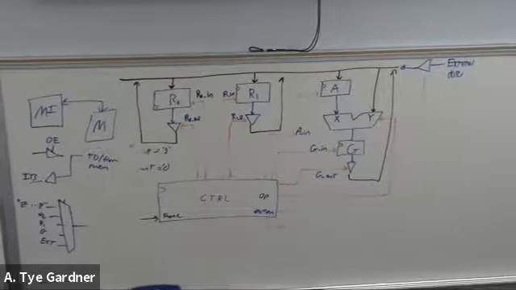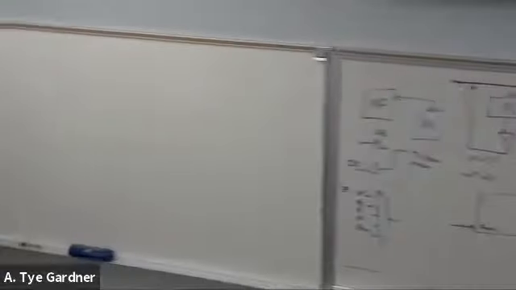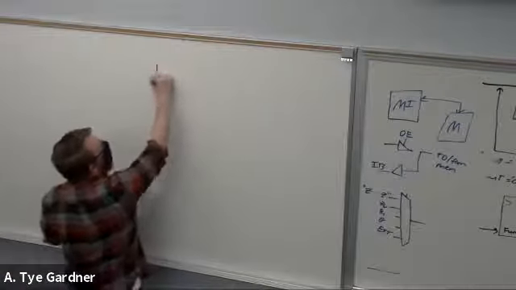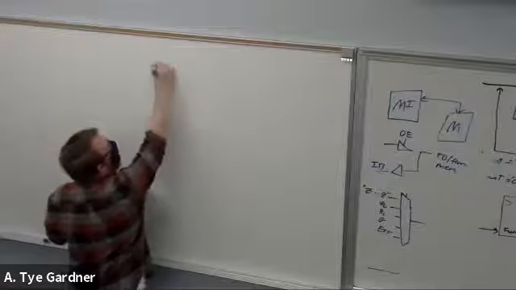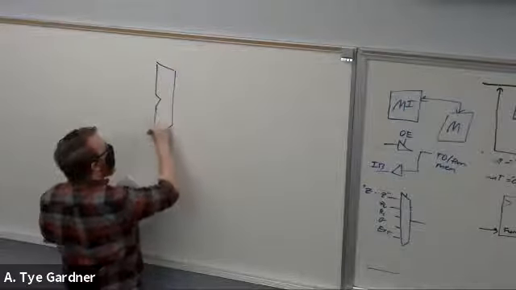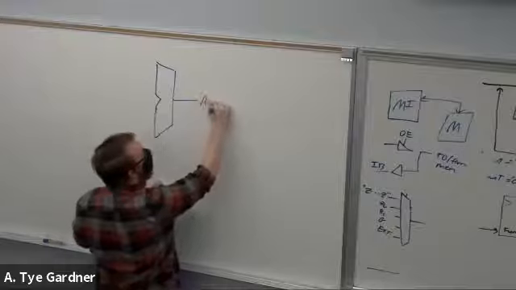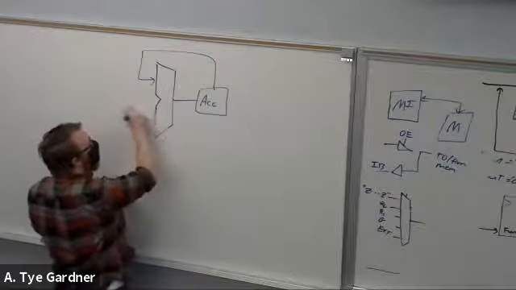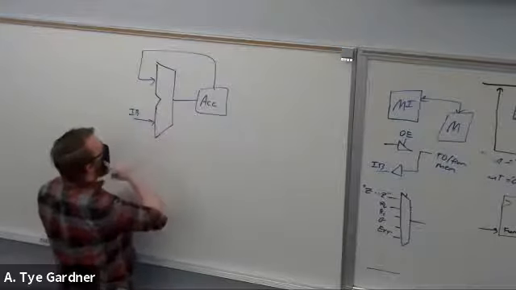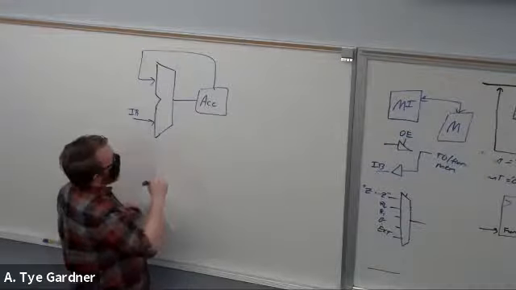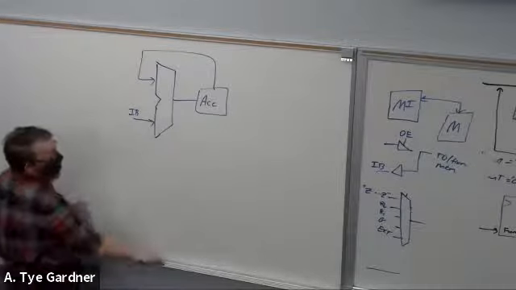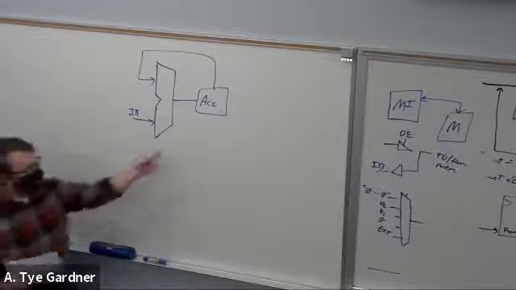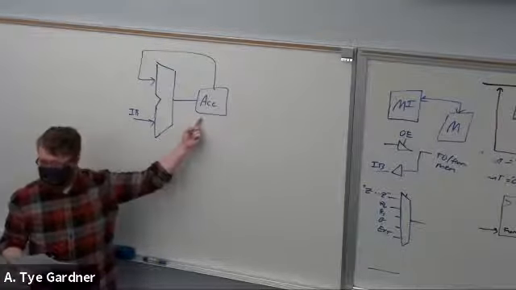Let me see if I can think of one that is a good example. Yeah, so ours, if we want to add 2 values, we have to load one of them into this accumulator first, right?